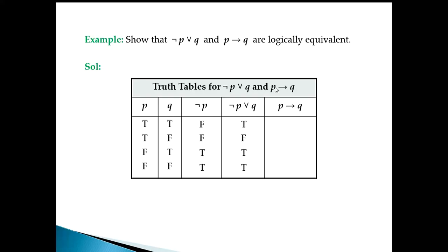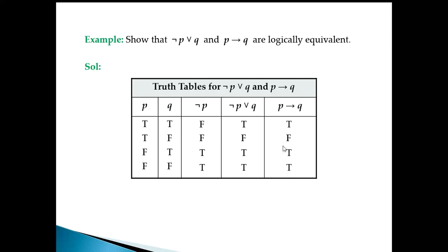Next, we calculate P implies Q. P we have, Q we have. In the case of implication, the value of P implies Q is false if the first statement is true and the second statement is false, otherwise it is true. So here this is true, this is false, so this becomes false, and all the others are true: true, false, false, true.